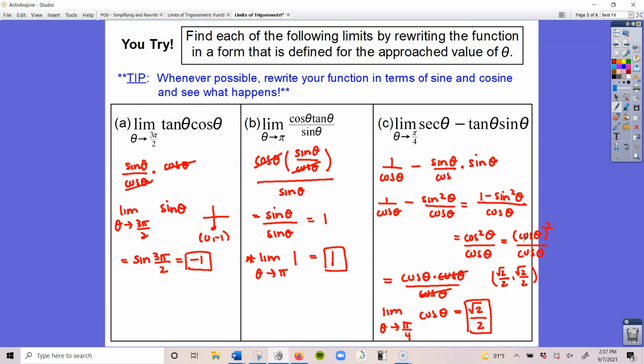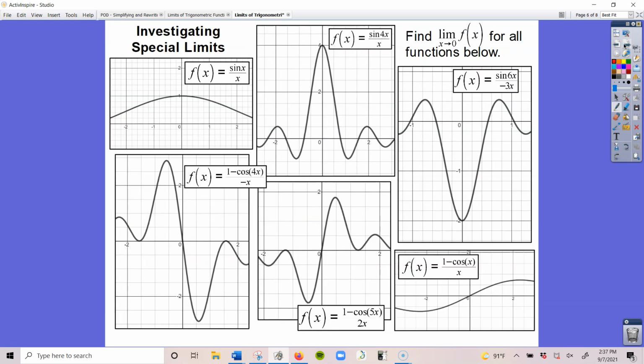Now let's have a look at some special cases of limits with trigonometric functions. Here we're going to find the limit of each of these graphs as x is approaching 0. So this is the function sine of x over x. If I want to find the limit as x is approaching 0, that would be 1.